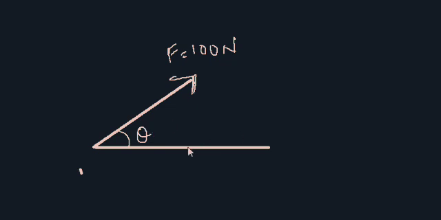That depends on which is your reference angle. So this is a vector because it has a magnitude and a direction. This is its direction or line of action in terms of forces.